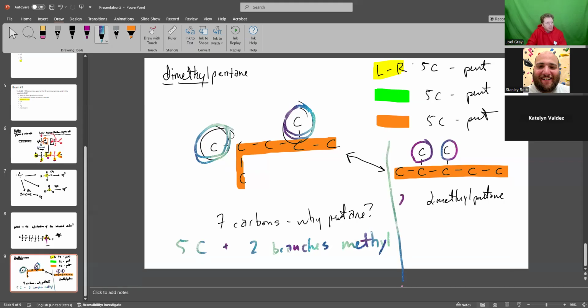I'm going to call it 2,3 dimethylpentane or 3,4 dimethylpentane. Now, between those two, do you think one of them is right and one of them is, maybe it's a little dramatic, but one of them is wrong?